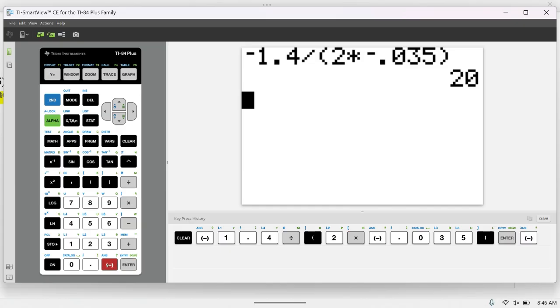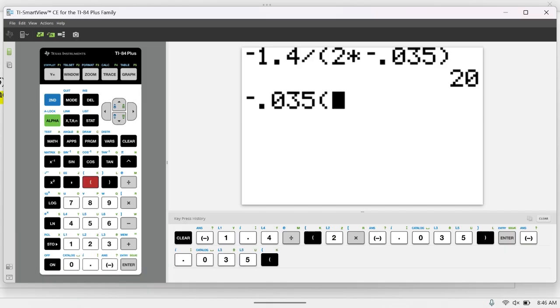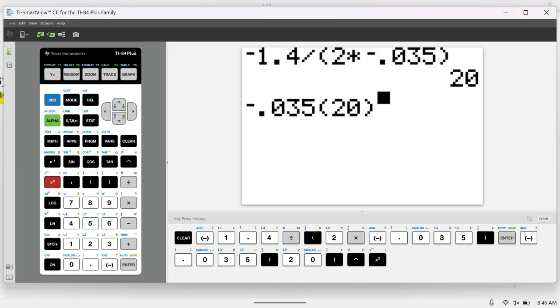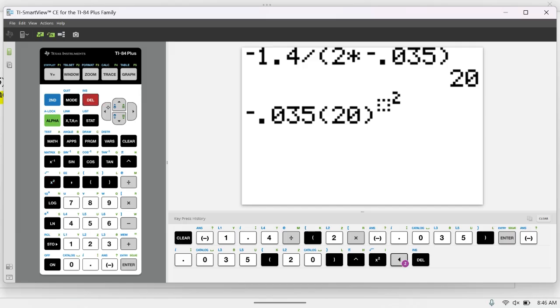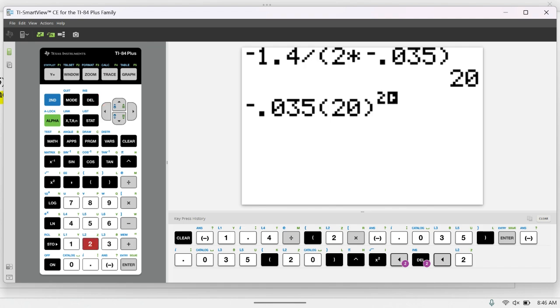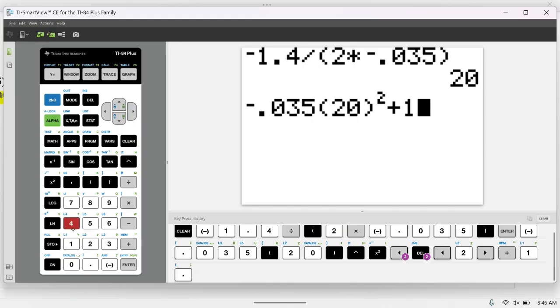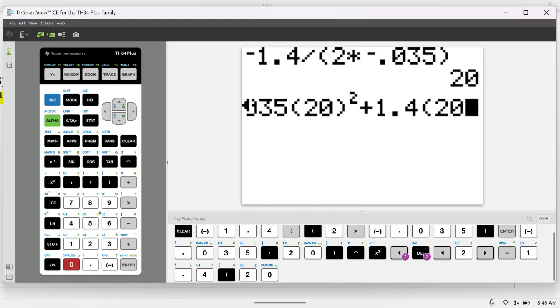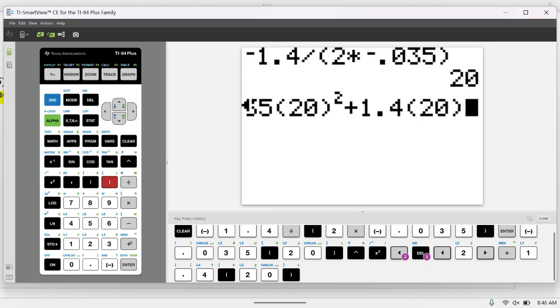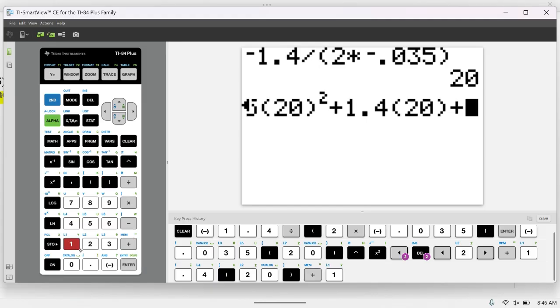So I have negative 0.035 times 20 squared. Plus 1.4 times 20. What was the last number? Plus 1.